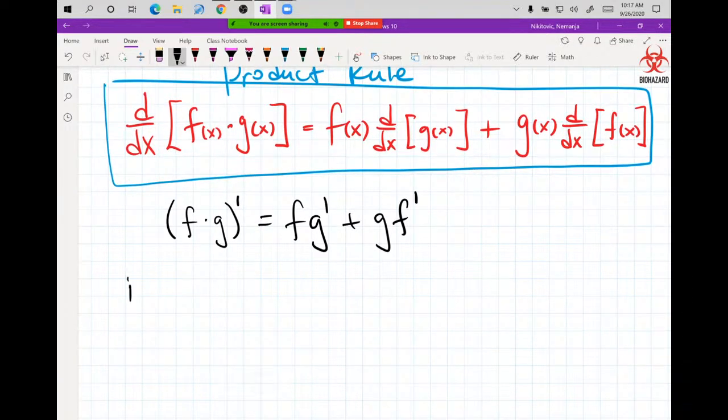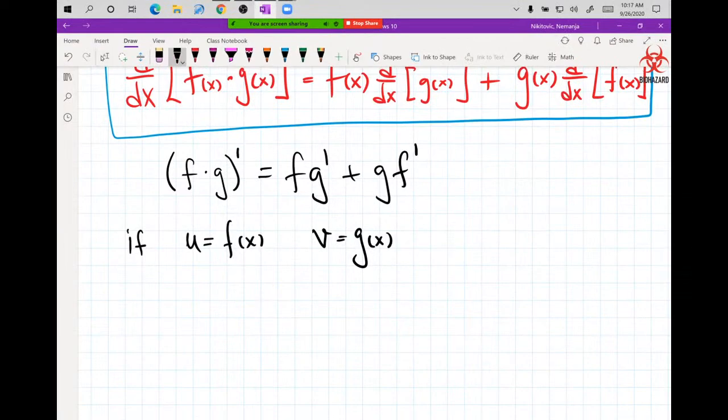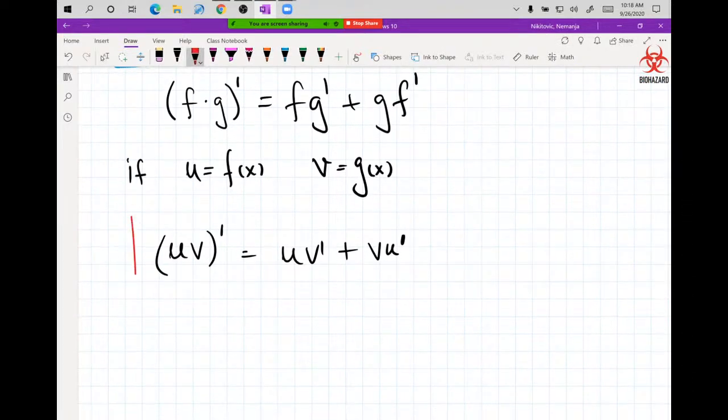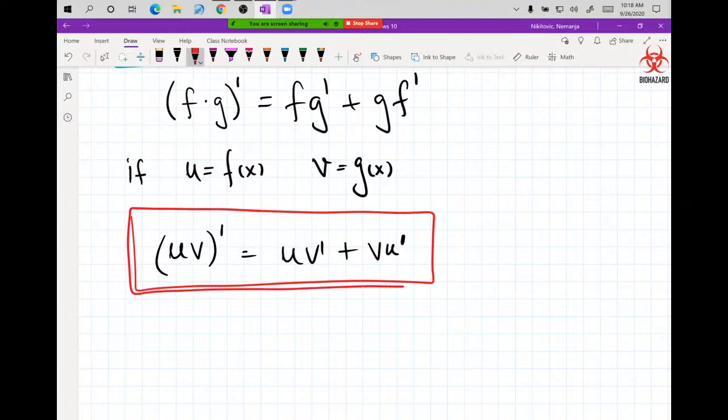And if u equals f of x and v equals g of x in a substitution, we have the famous equation that is pretty much everywhere: uv prime plus vu prime. There we go. Most of the time you are going to run into product rule written this way, and I need you to understand that u and v are not variables. They are both functions, which is why I define them as functions: u is just f of x and v is g of x, and then obviously u prime is the derivative of f and so on.